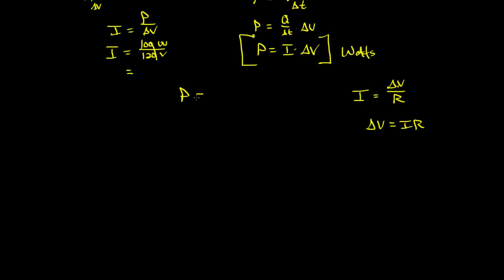Power is also, substituting for current, potential difference over R times potential difference. So power can also be defined as the potential difference squared divided by R. And if we substitute on the other side, for potential difference I get I times IR, so power is I squared times R.